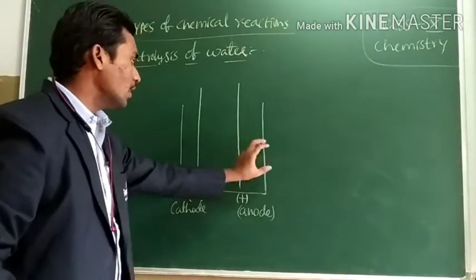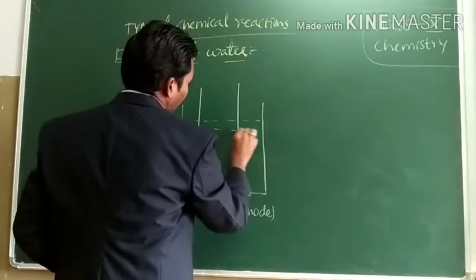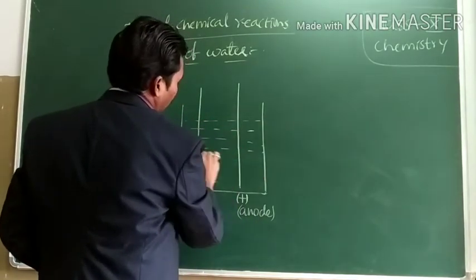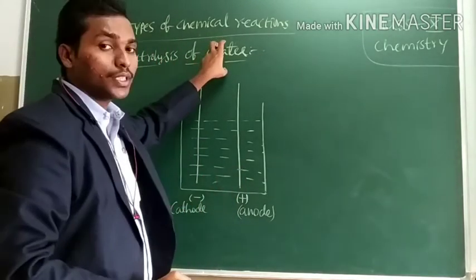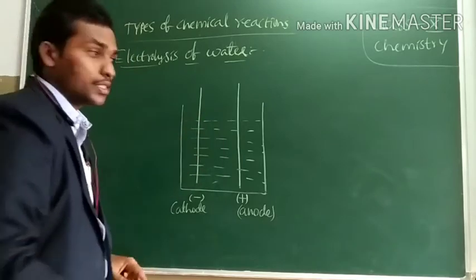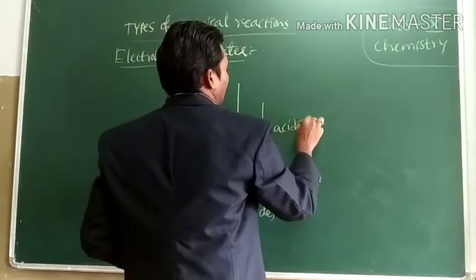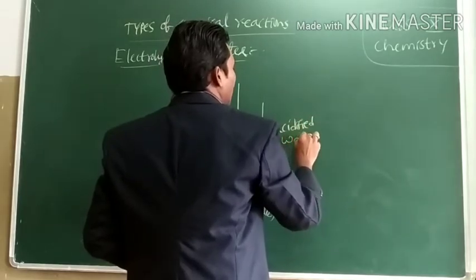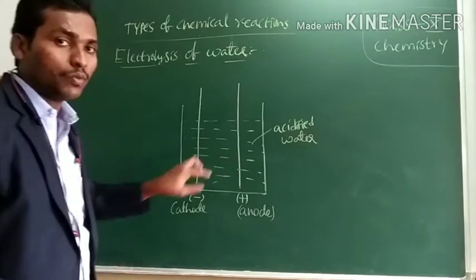Now this cell has to be filled with acidified water, because we are talking about electrolysis of water. So take some amount of water in the cell. This is called acidified water; acidified water means we add a few ml of acid to the water.